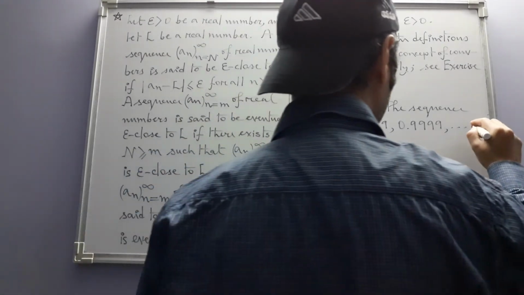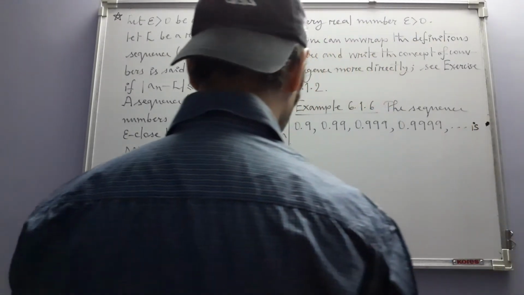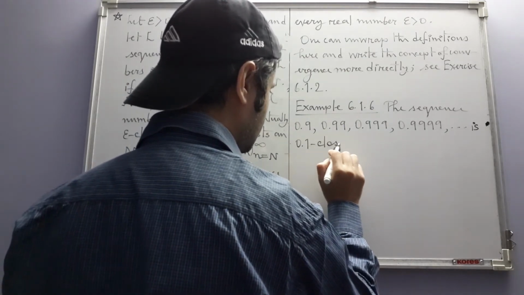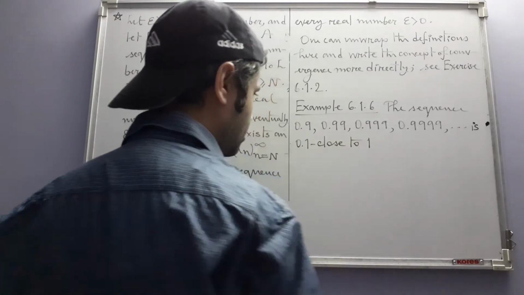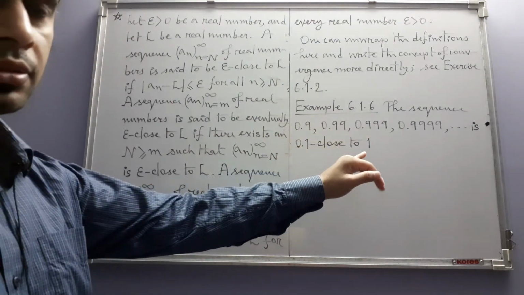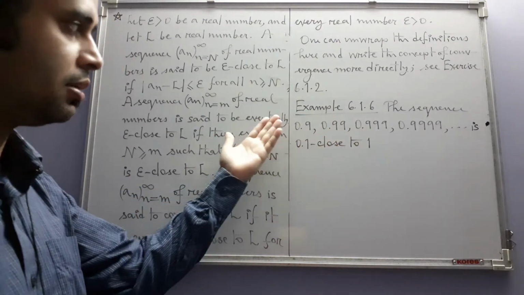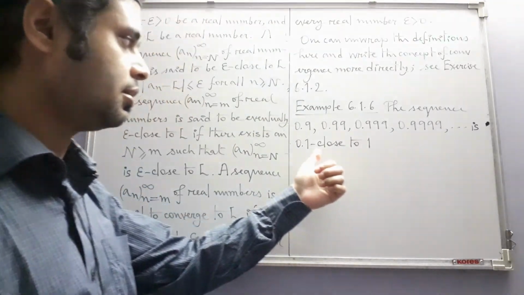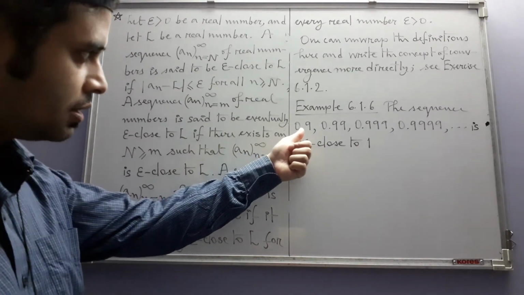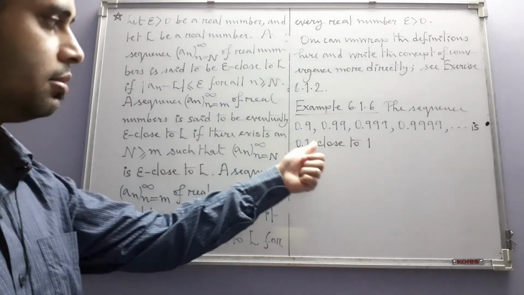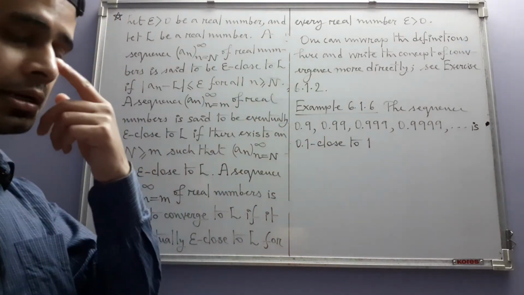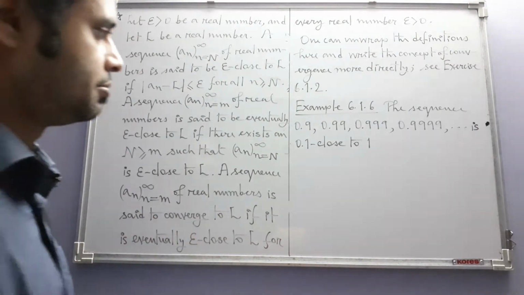This sequence is 0.1 close to 1. The distance between each term of the sequence and 1 is at most 0.1, and the largest distance is between this first term and 1, which is exactly equal to 0.1. The other differences are smaller, and it gets smaller and smaller.